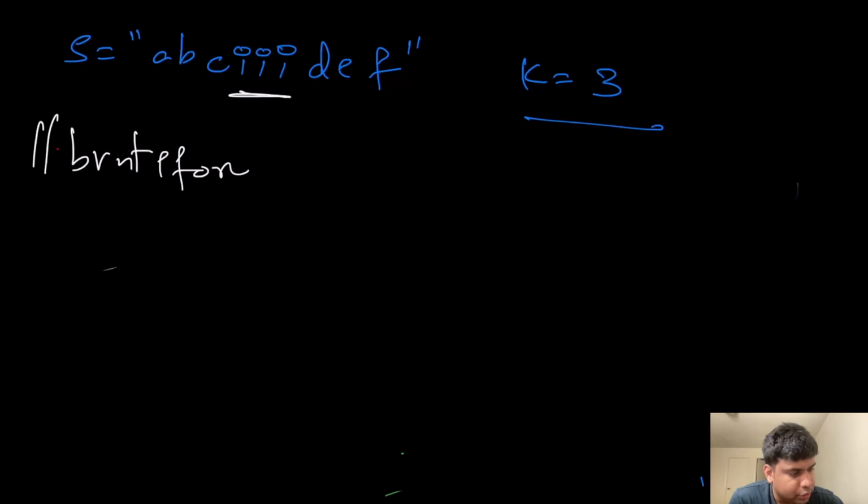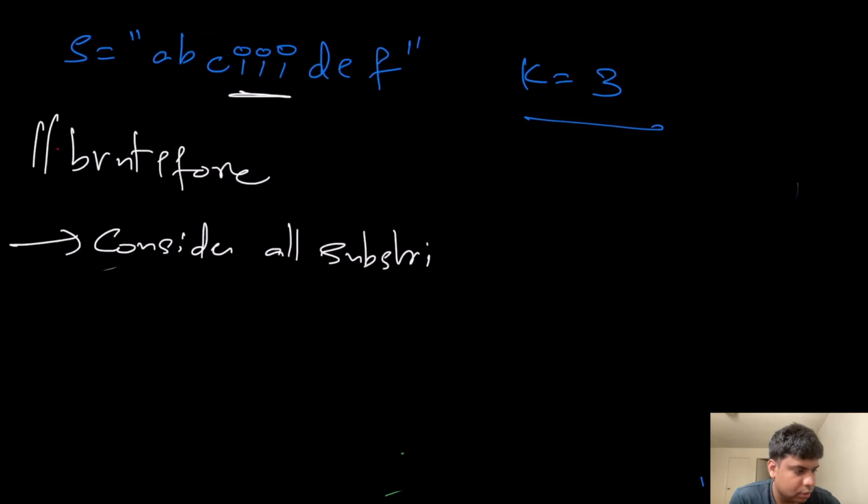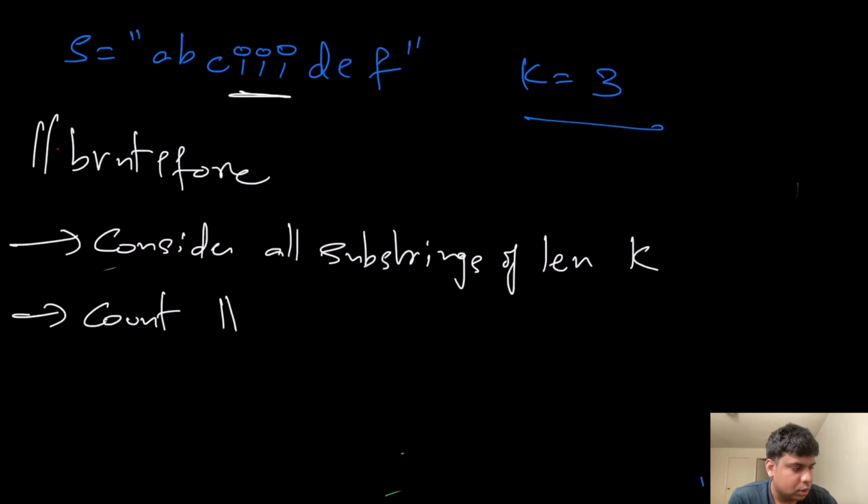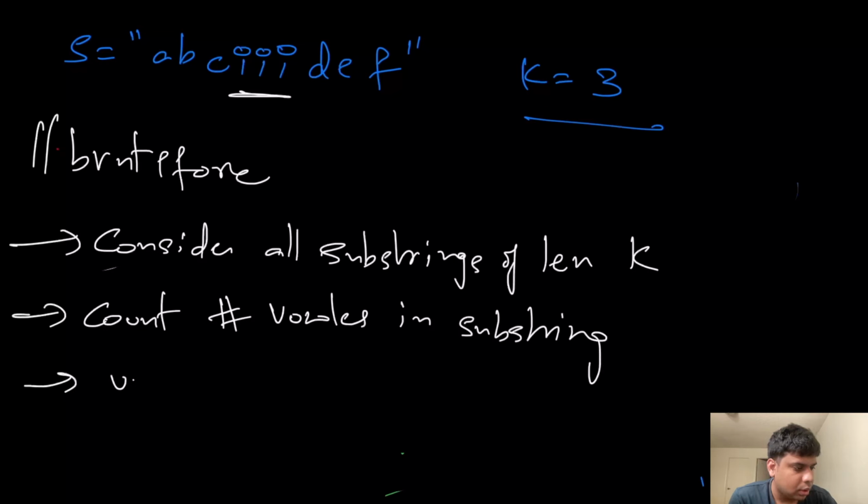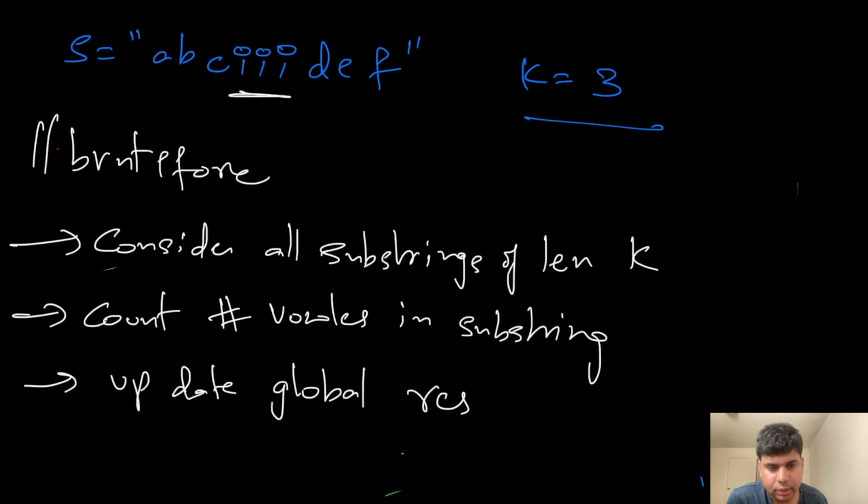So brute force is just to consider all substrings of length k and count the number of vowels in that substring, and finally update the global result.